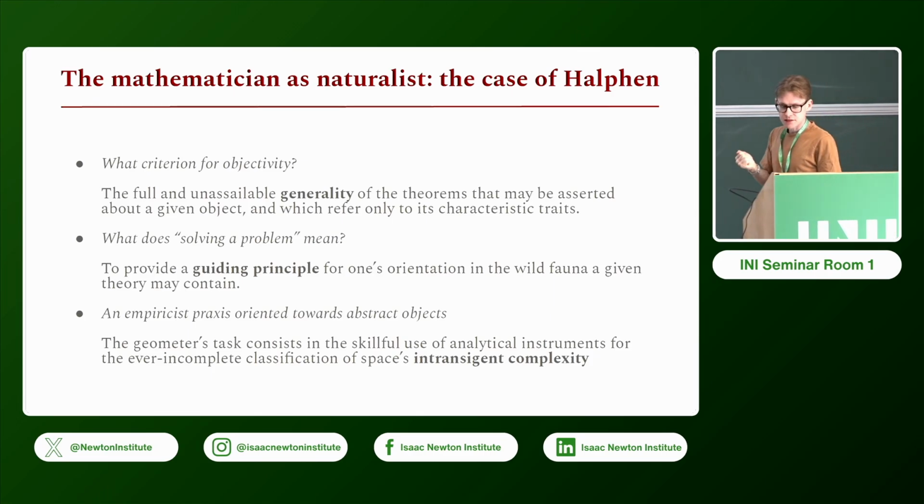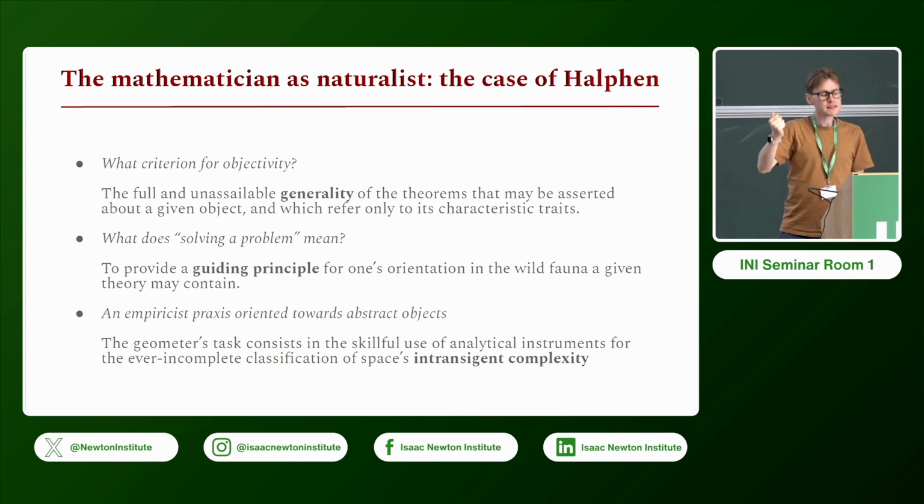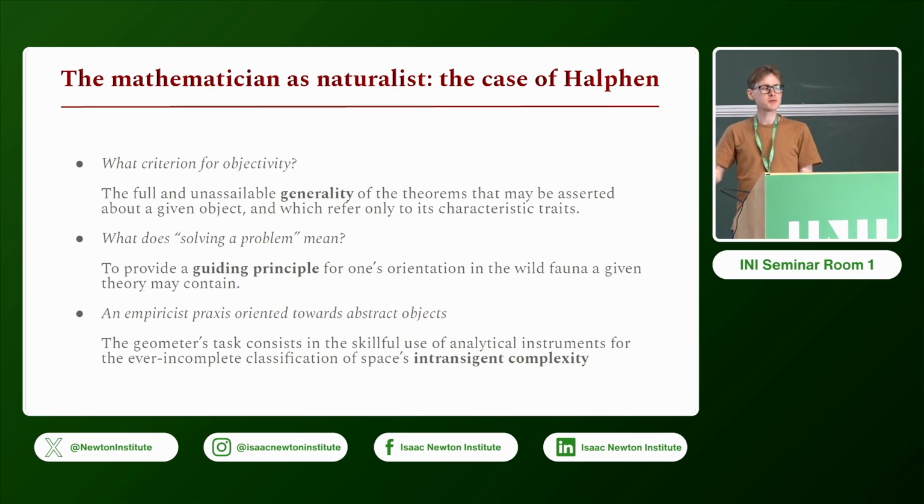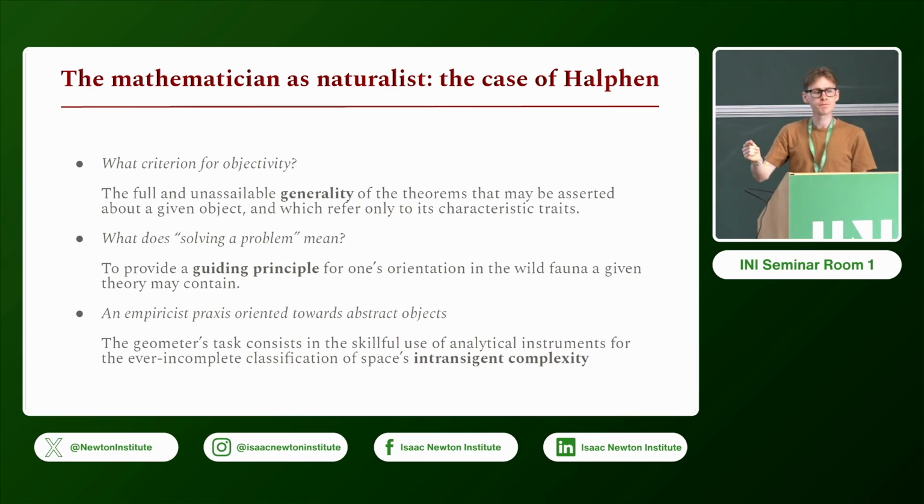I must stress here that when Halphen says there is no such thing as a skew curve of degree d or a system of conics of characteristics mu and nu, we're not talking about logical paradoxes. We're not saying that the set theoretic definition of the object would lead to paradoxes or contradictions. In fact, it is very much possible to define those objects. The problem being that if we do so, we cannot say anything general about them.